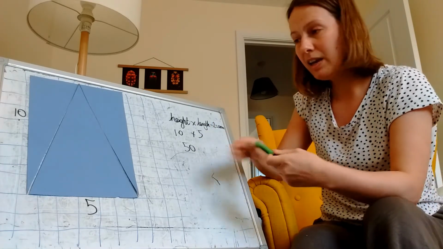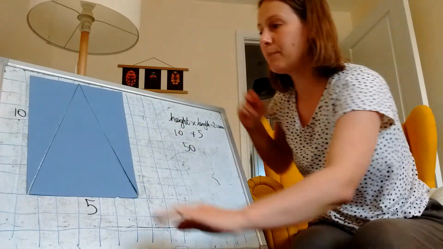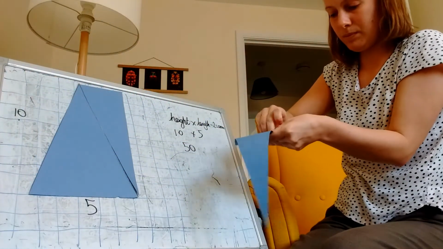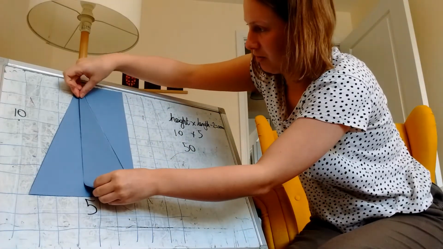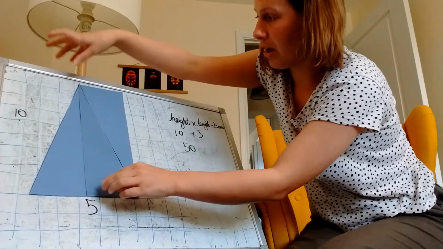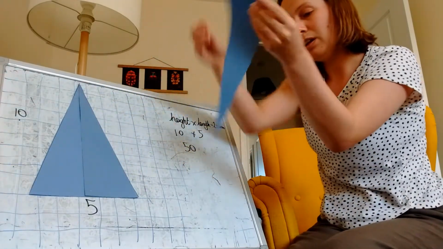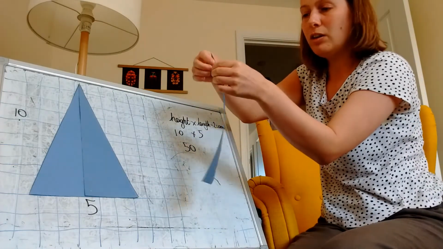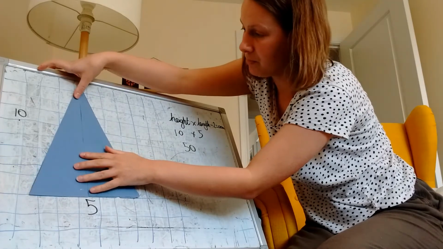And we can see that the triangle is half of that area. I love this bit, it's like magic. I would absolutely recommend you to get out some paper and some scissors and have a go at this yourself and really experiment with triangles being half the area of rectangles.